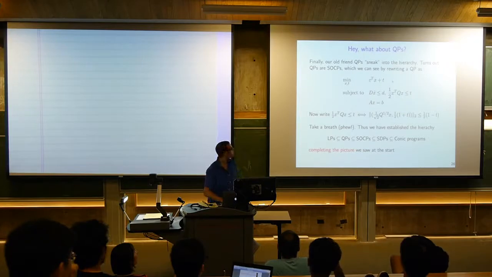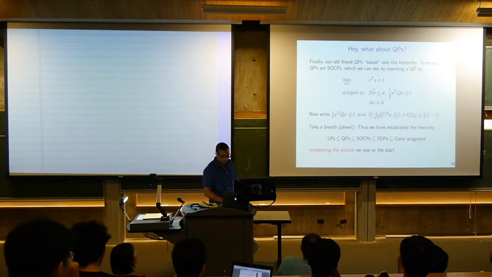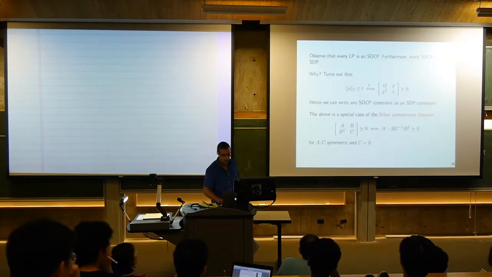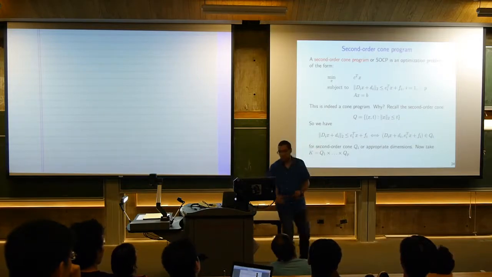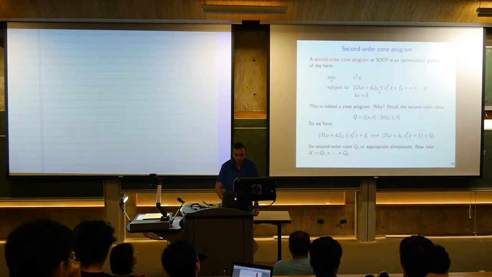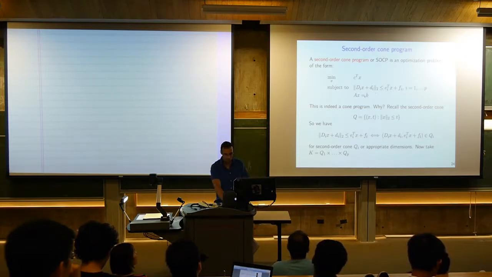So what constraints do we have here that aren't valid? Or what part of this form is not valid? This is fine, because remember an SOCP is of this form, has a linear criterion, and notice that we're allowed to have equality constraints.